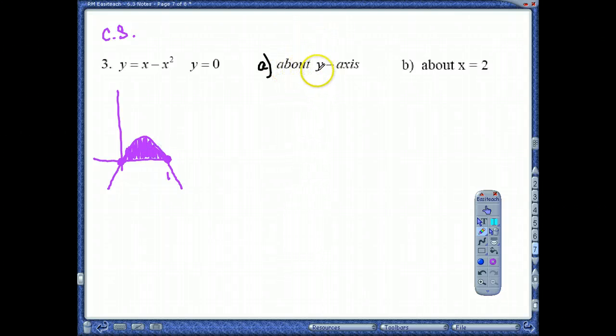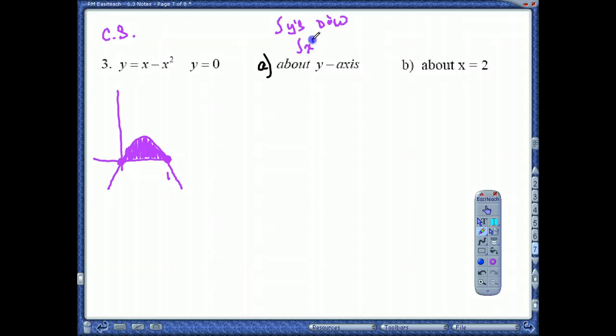When I do this about the y-axis, I would have to solve it for x in order to do disc or washer. If I want to keep y's in here, then I'm going to do disc or washer.